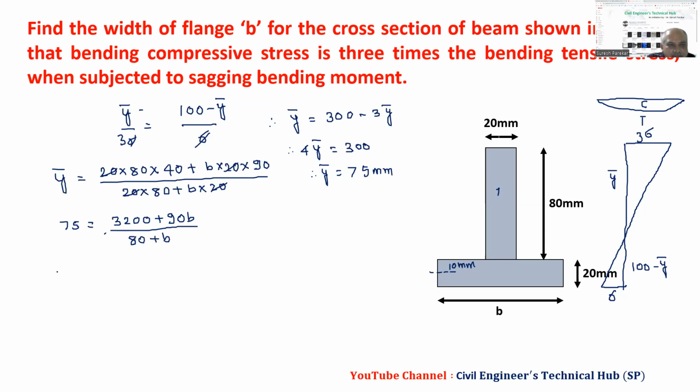And then when we multiply it, we have 80 into 75 plus 75b, that is equal to 3200 plus 90b. And then from this we get 80 into 75, which is 6000, minus 3200, that is equal to 90b minus 75b.